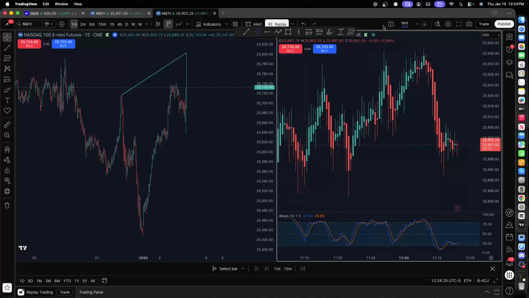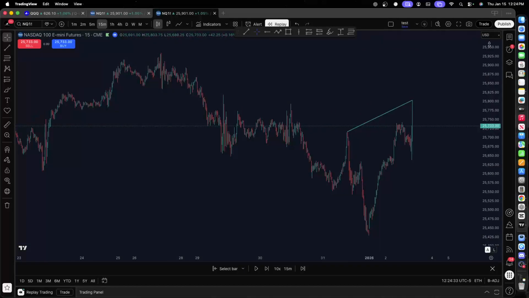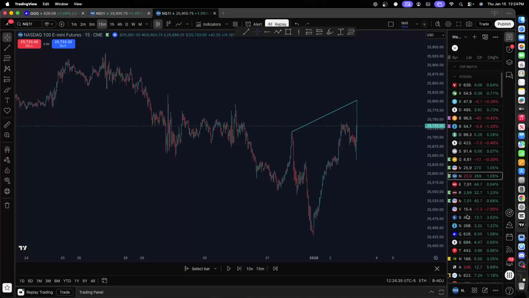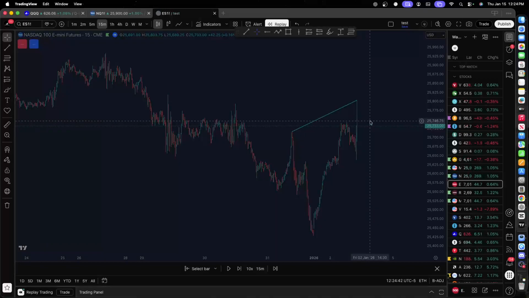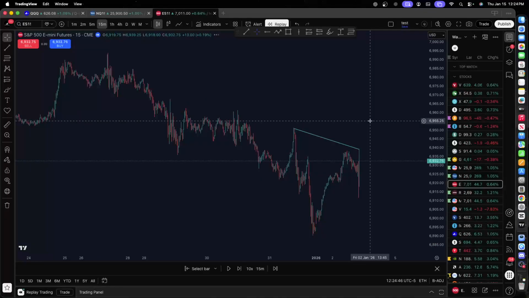That's an option. Or what I do on TradingView, if you have them stacked on your watch list, so NQ, ES, right here, they're on top of each other, just use your arrow button, and you can shift very quickly between the two.